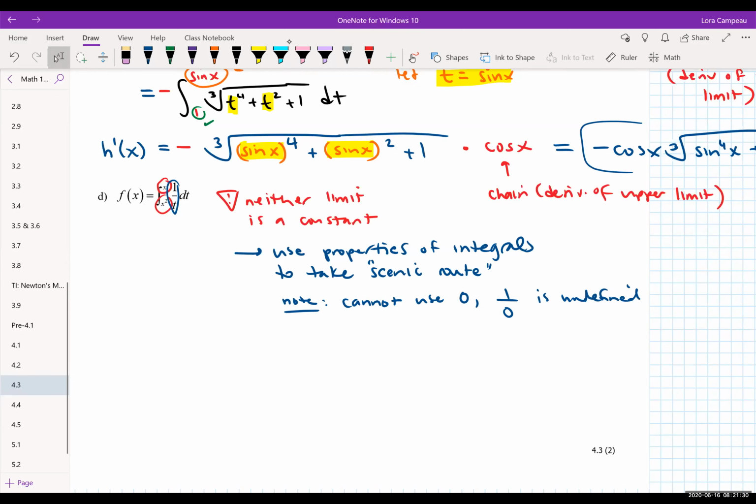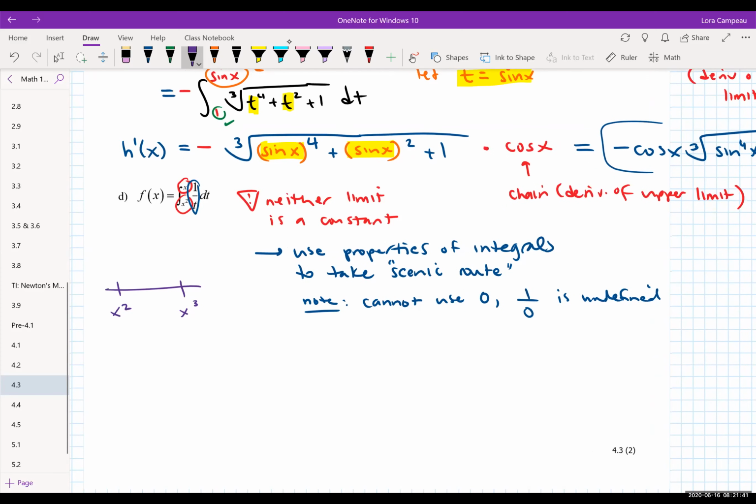So again, when you take the scenic route, let's draw a quick picture here. It had started off as x squared to x to the 3rd. Remember, when you take the scenic route, the constant itself is allowed to be anywhere outside the upper and lower limit. So I'll just throw it out here.